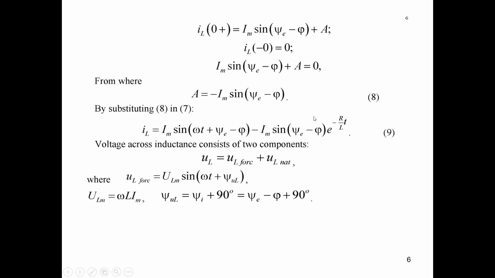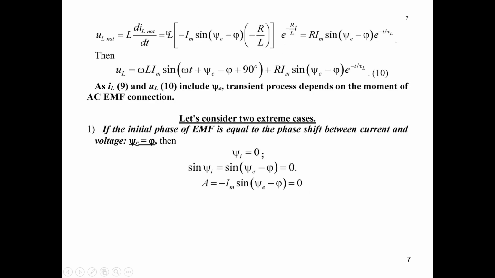So it will be written just before this derivative, and then it should be multiplied by the derivative of the exponent, equal just to the exponent, and multiplied by the derivative of this argument, which equals minus R over L. So we write it down: L, then I maximum sinus of psi E minus phi, because it is a coefficient which doesn't depend on time, multiplied by this exponential function and multiplied by minus R over L.